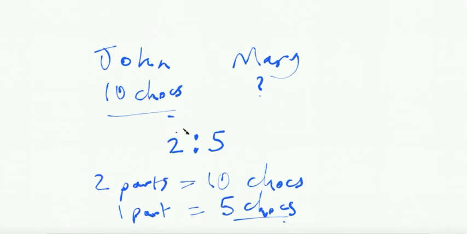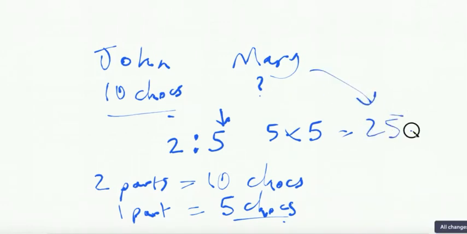If 1 part is 5 chocs, and we know that Mary is going to get 5 parts, to work out the number of chocolates Mary will get, we just have to do 5 times 5, which is 25. Therefore, Mary gets 25 chocolates.